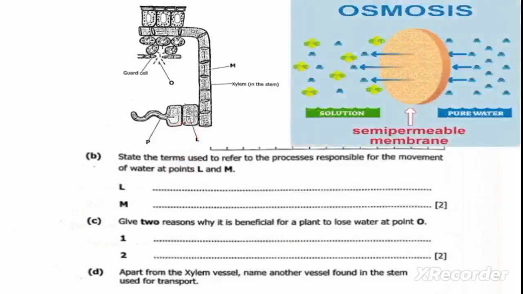Osmosis is the movement of water molecules from the region of high concentration to the region of low concentration across a semi-permeable membrane. So our correct answer here is osmosis.